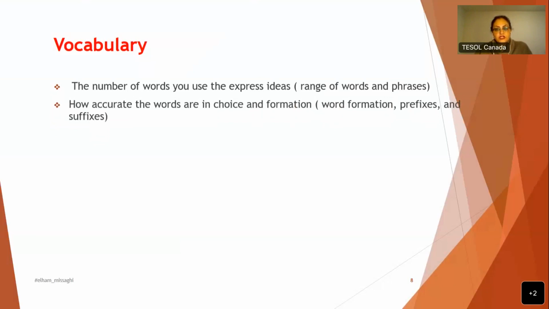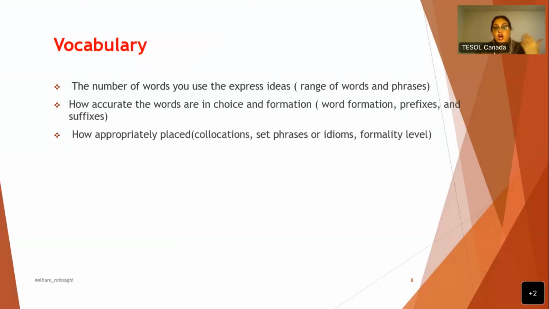So word formation, prefixes, and suffixes, even a proper word for that context. Collocations, using idioms, formality level. IELTS is a formal exam, so while you're talking, it's good to use formal words.